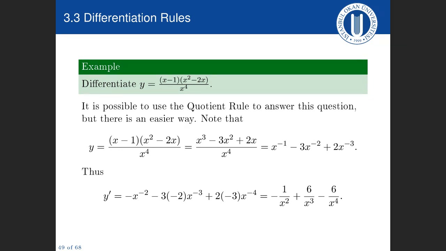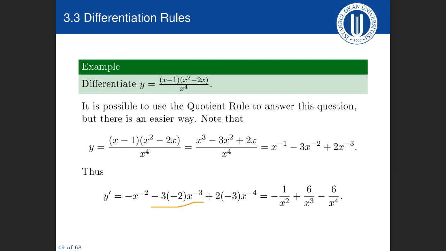The derivative of x to the power minus 1: the minus 1 comes down to the front, and then we decrease the power by 1, so it becomes minus x to the power minus 2. The derivative of minus 3x to the power minus 2, we need to multiply this by minus 2, and then we decrease the power from minus 2 to minus 3.